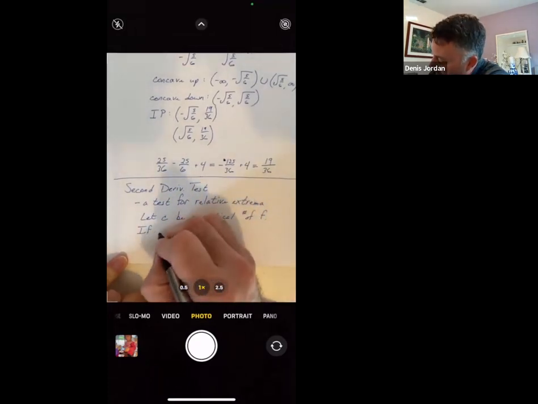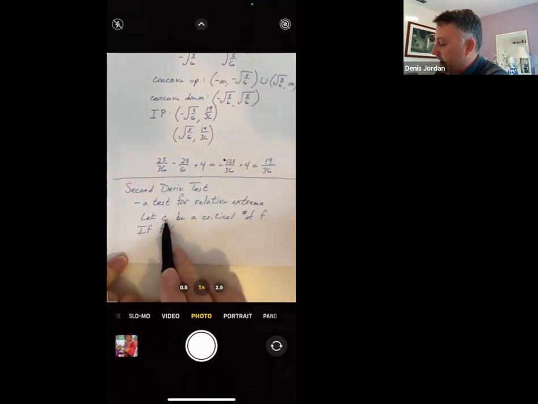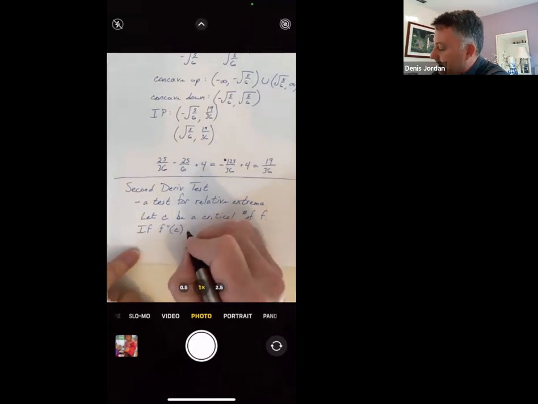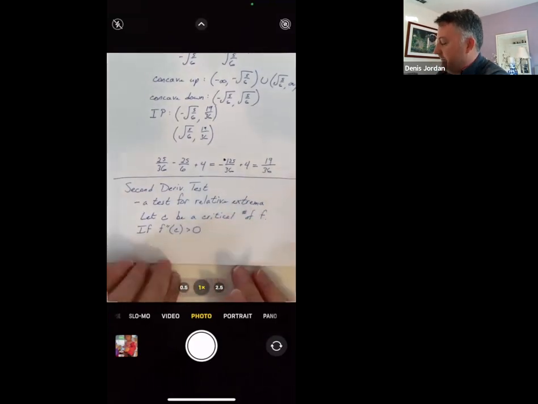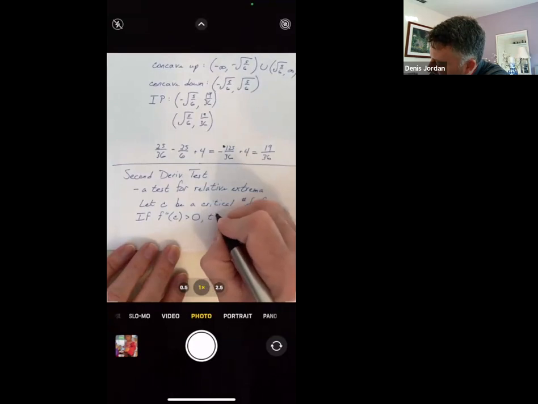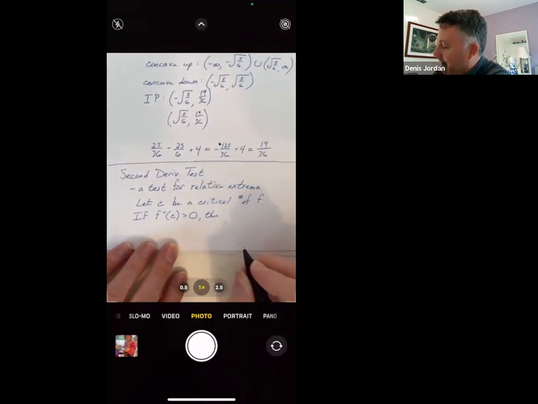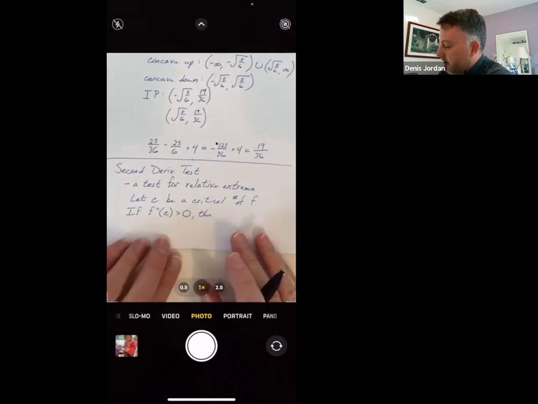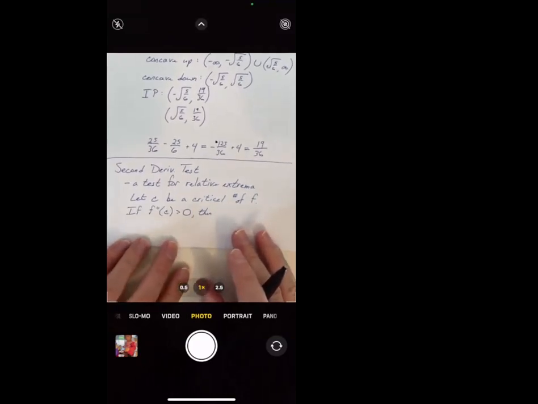If you plugged that critical number, that c value, into the second derivative and it came out as positive, did you have a relative max or a relative min? Relative min.